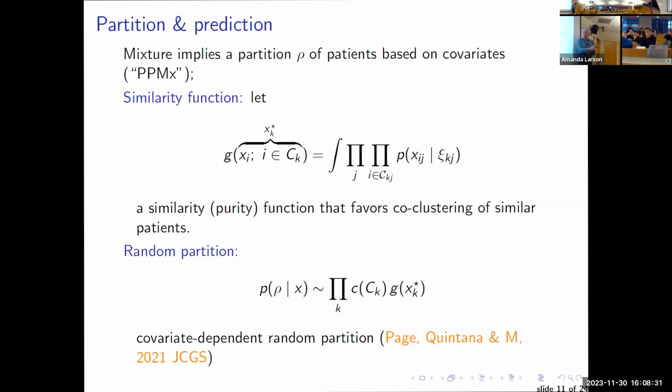When the x's are very dispersed, the joint distribution gets much flatter, and that introduces the kind of purity function that would favor clusters with very similar covariates and penalize clusters with very diverse covariates.